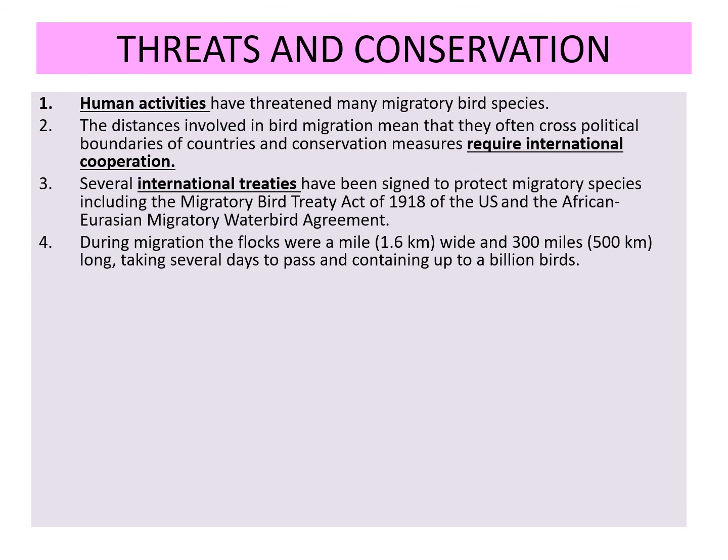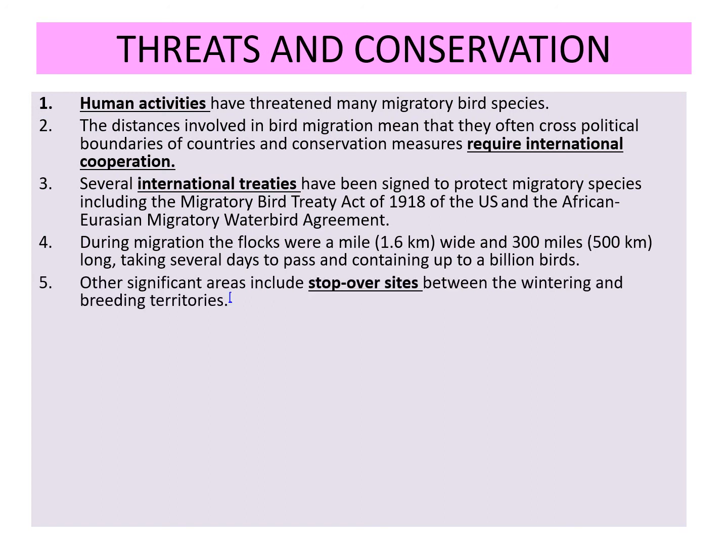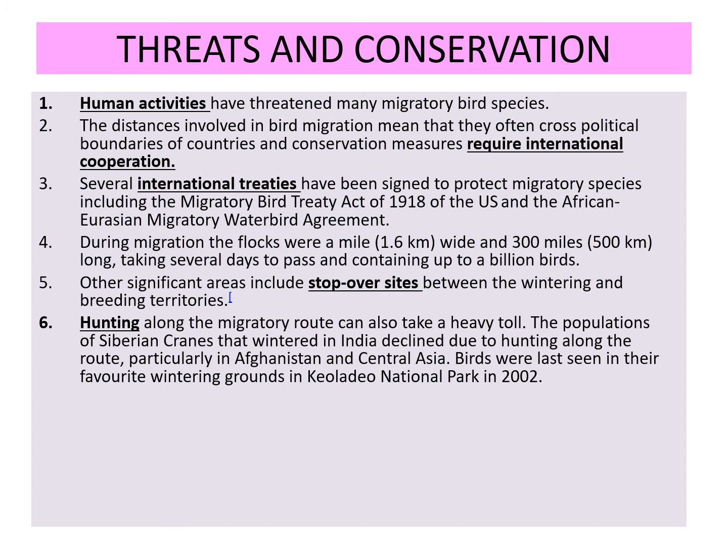During migration, the flocks can be a mile wide and 300 miles long, taking several days to pass and numbering up to a billion birds. Other significant areas include stopover sites between the wintering and breeding territories.